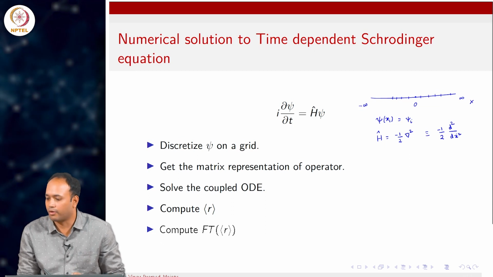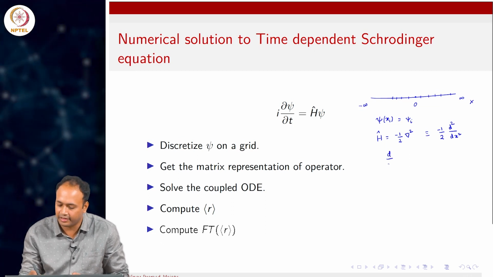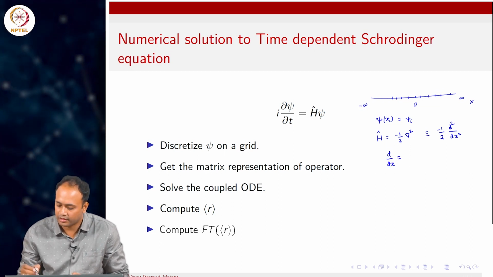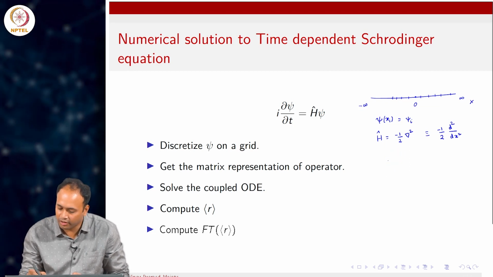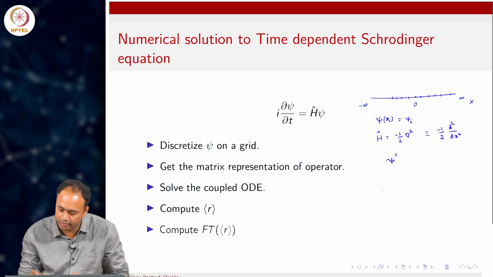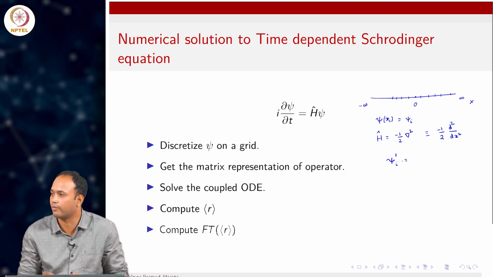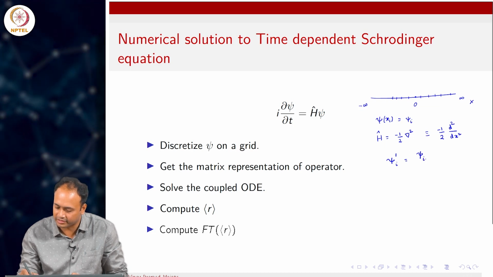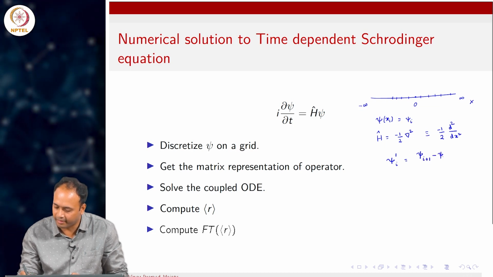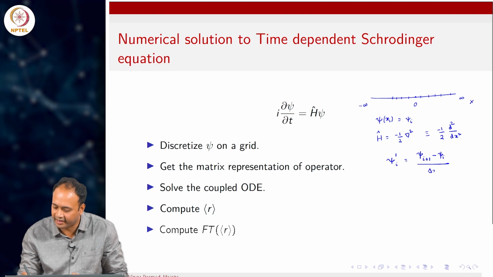An approximate formula for d by dx: I want to compute the derivative of psi at some ith point. You can use a simple formula which is psi I plus 1 minus psi I by delta x.